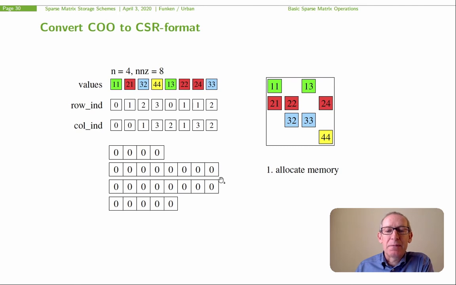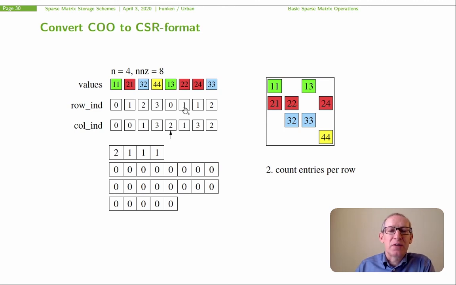After we allocate the memory, we just count the entries which will end up per row, in such a way that we increase our additional work vector. Each time we pick a row value, we increase this value by 1. So here it's 0, we increase by 1. Here it's 1, we increase by 1. Here it's 2, we increase. Now it's 3, we increase. Now it's 0, we increase the first entry.